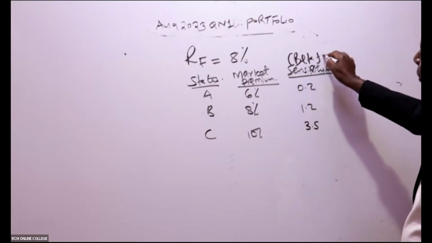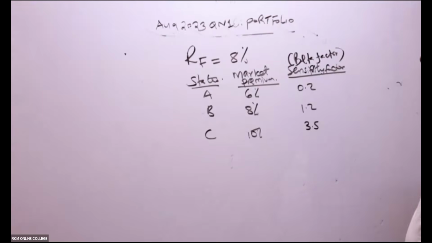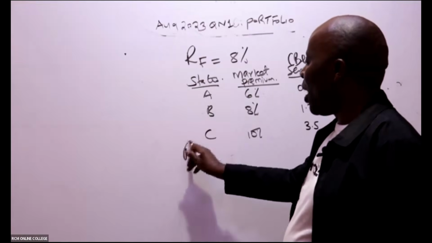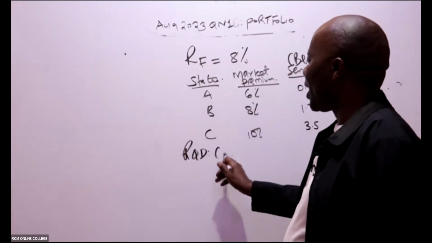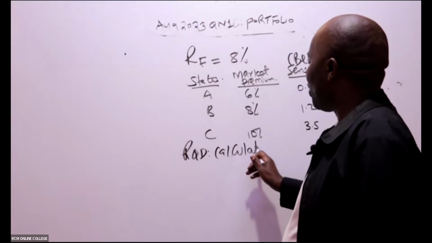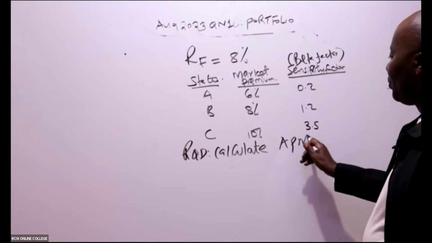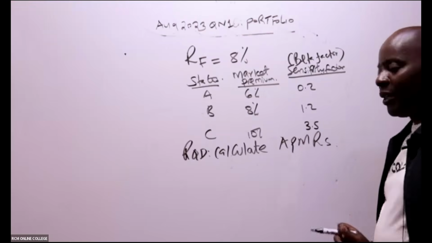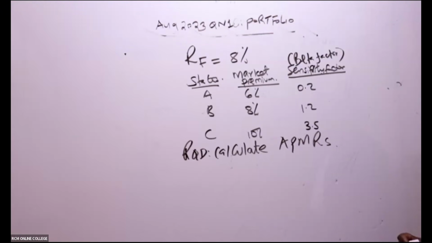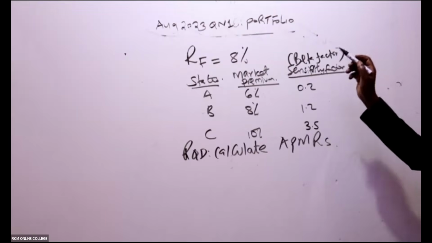And then you are required, in this case, to calculate APM returns. Calculate APM returns. Remember, at the end of the day, SML is CAPM. Not that SML is applicable in CAPM, it's CAPM purely.